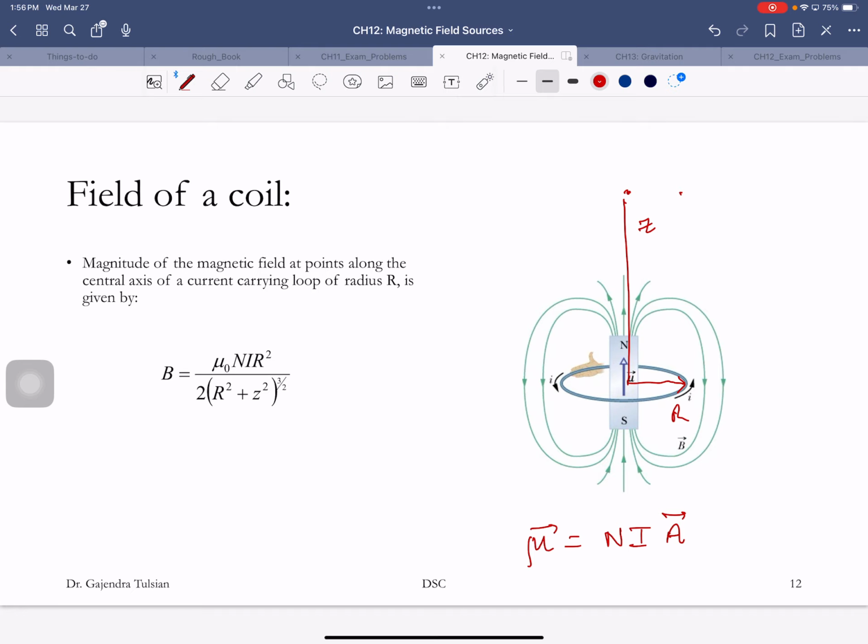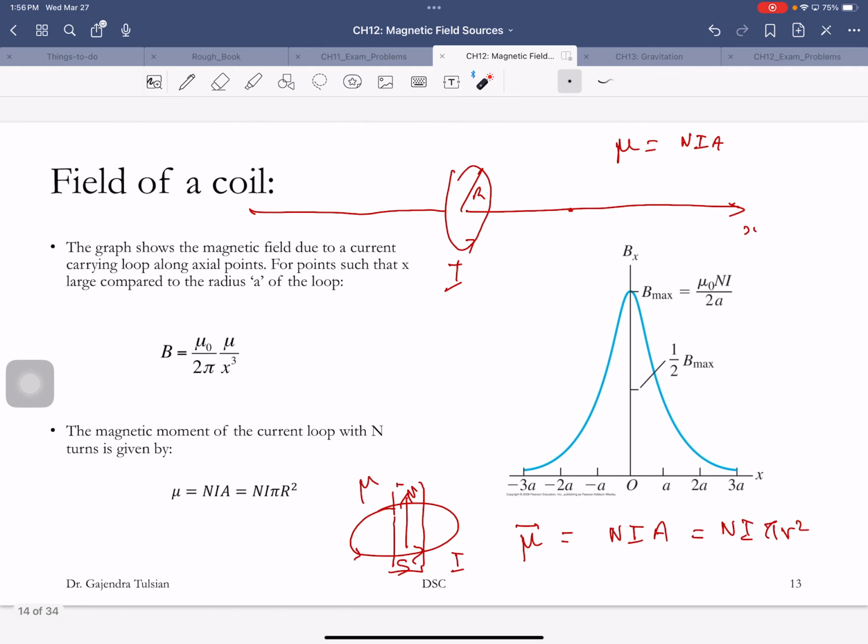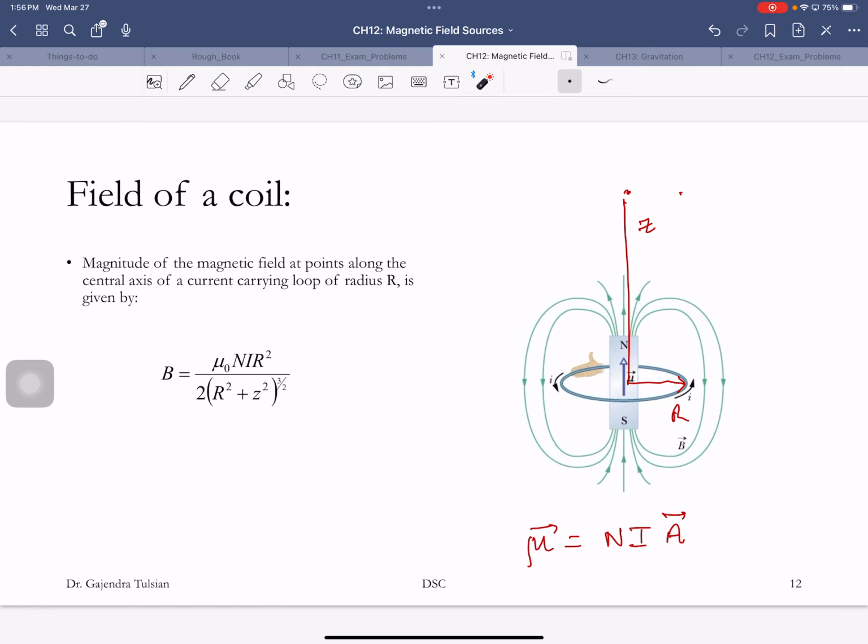R is the radius, Z is the coordinate along the axial point. So for our case, Z is 0. But I'm going to write this expression: mu naught N I R squared.